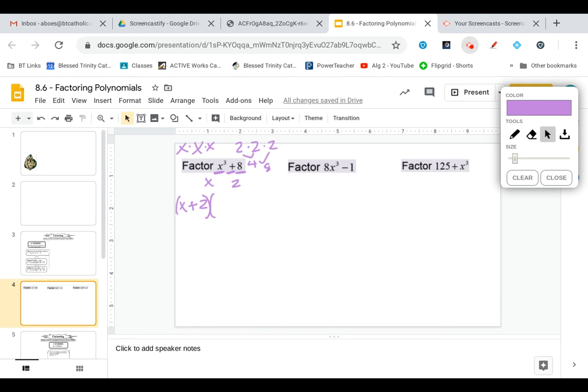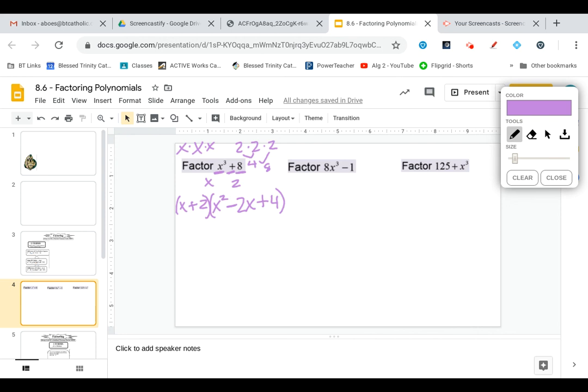My a value is x, so I'm going to do x squared, opposite sign. Then I'm going to take a times b, so x times 2 would be 2x, and then my always positive sign, b squared is 4. So that's all I have to do to factor.